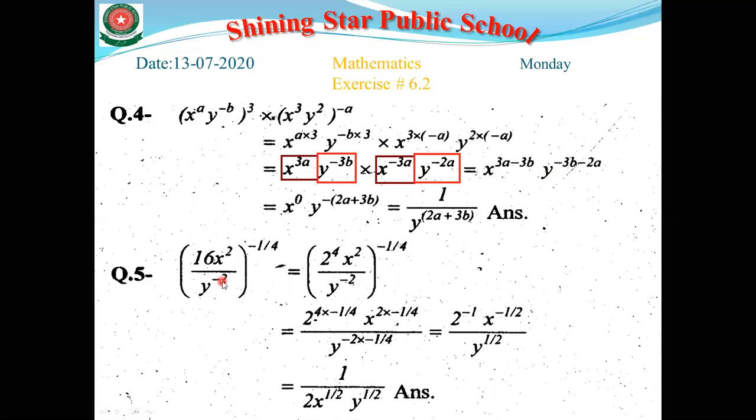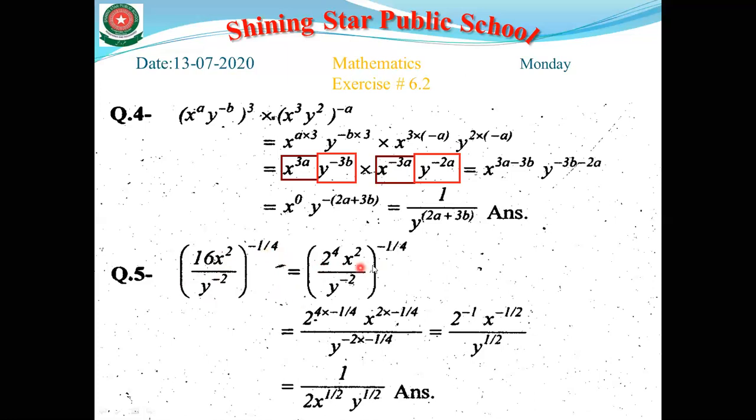Now in question number 5, (16x^2 / y^-2)^(-1/4). We can write 2 power 4, because when we take the LCM of 16, it becomes 2 power 4.